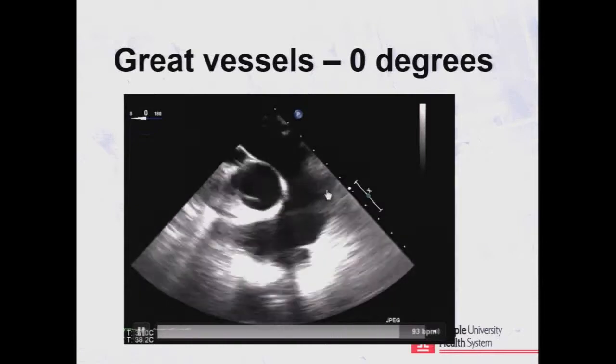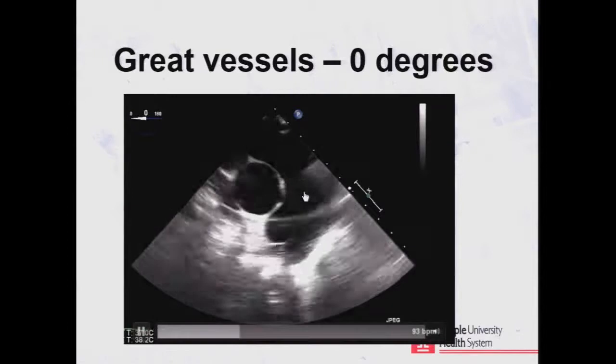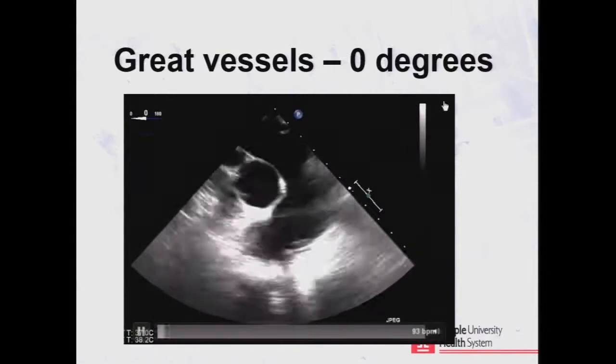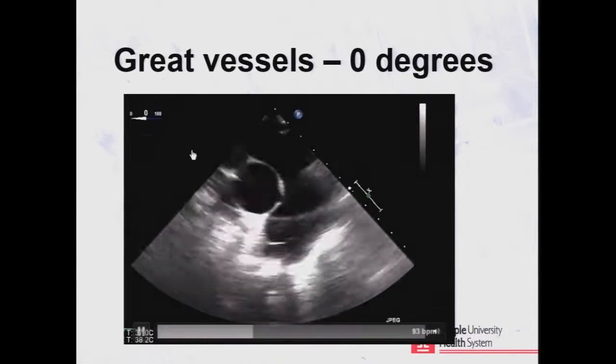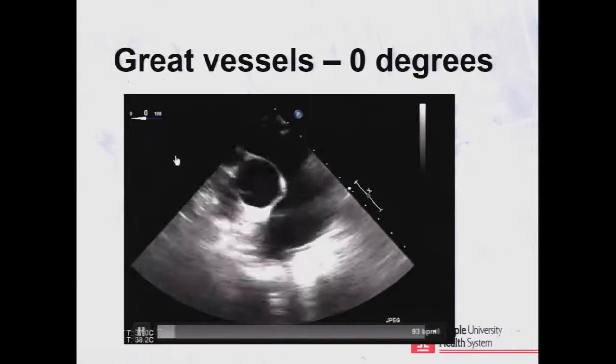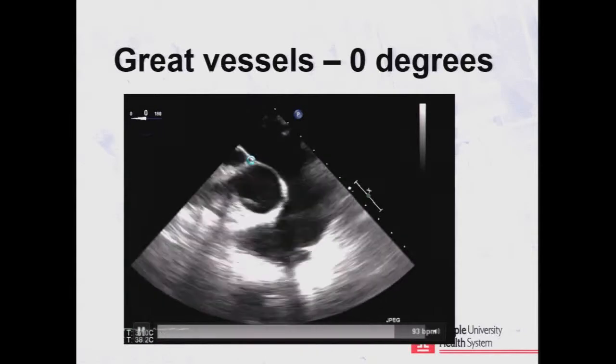If you just rotate the probe so that you move this image this way, you'll see more of the right pulmonary artery and often can see thrombi if they are in the main PA.